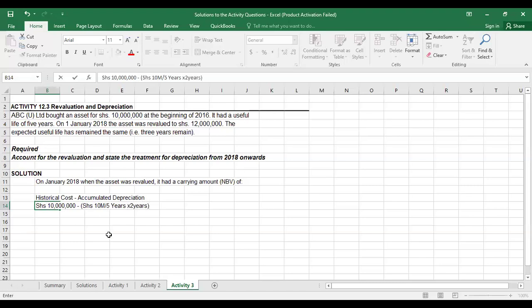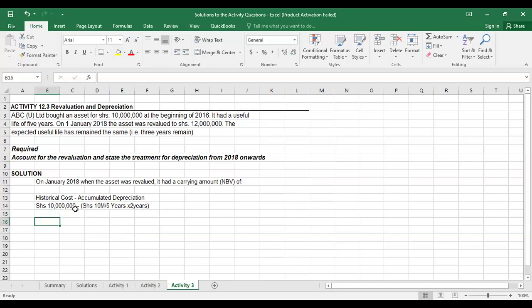Hopefully we are together. So this is the 10 million shillings divided by 5 years, our depreciation over the years, times the 2 years to get our accumulated depreciation.